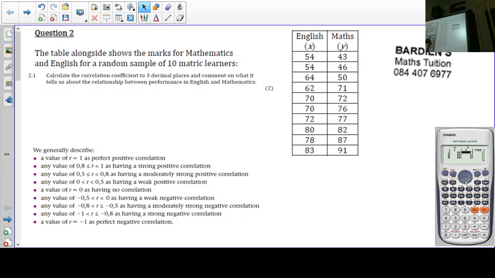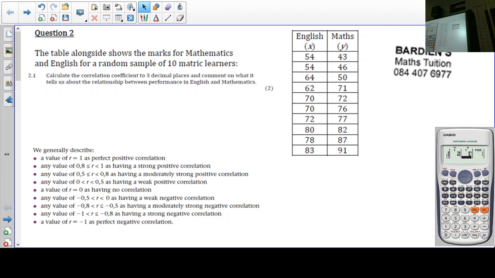In the second column we have 43, 46, 64, 50, then 71, then 72, then 76, then 77, then 82, then 87, then 91.